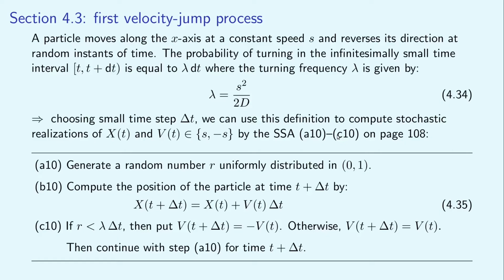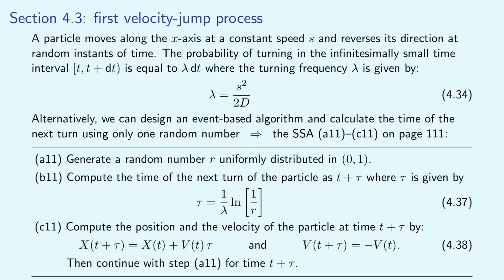Instead of using many random numbers between successive turns of the diffusing particle in the step C10, we can calculate the time of the next turn directly using only one random number. The resulting event-based algorithm is presented as the stochastic simulation algorithm A11-C11 on page 111.